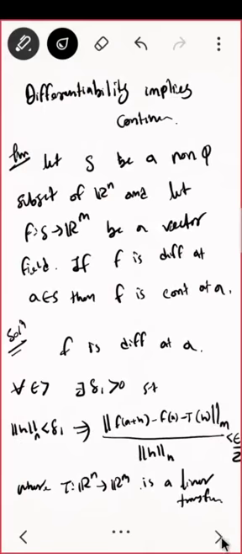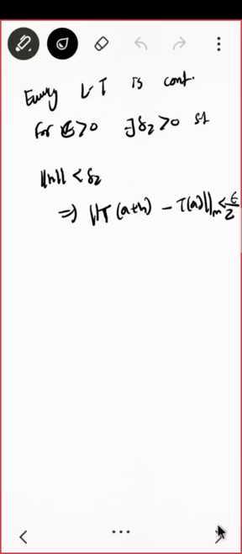Okay. Now let us do the consideration part, then you will realize what you need. What do you want to prove? That it is continuous. You want to consider this thing, norm of f of E plus H minus f of E, correct? This is what you are supposed to consider. So what will you do? You'll add and subtract T of H first.